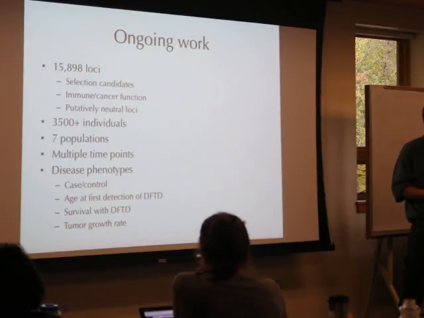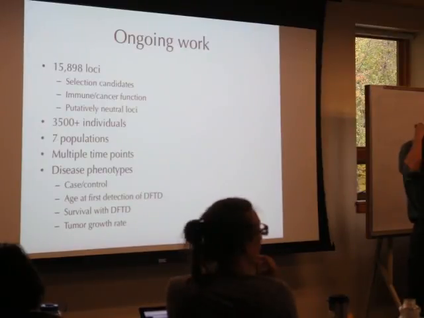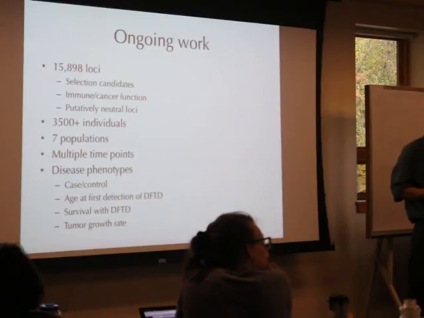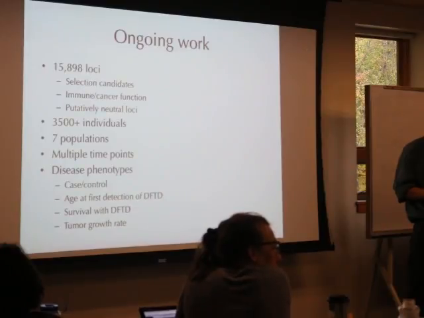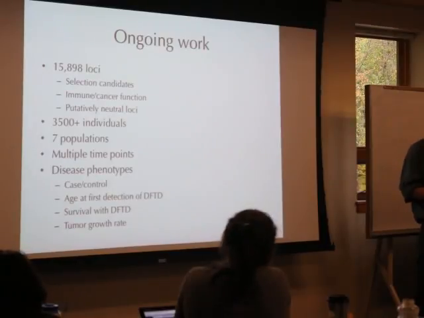If you start with this in mind, you can tailor the markers you capture based on your question. In addition to this, you could have markers diagnostic or at a high frequency in a certain population, if you want to do assignment tests. If we have markers that are diagnostic of hybrids or some other species, you can throw those on your array. It's a really nice, flexible system to be able to add capture to your RAD.